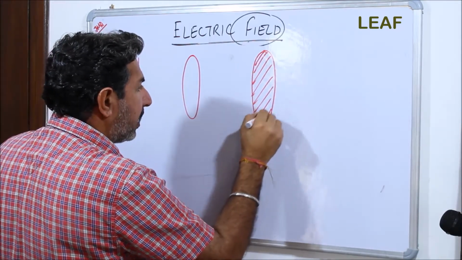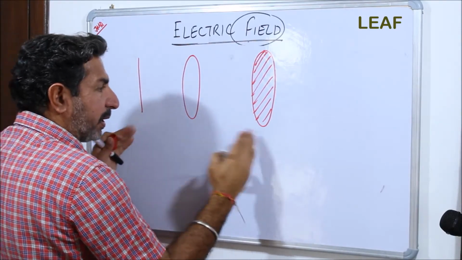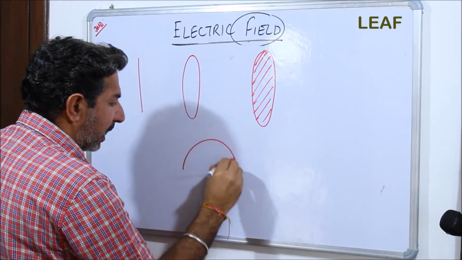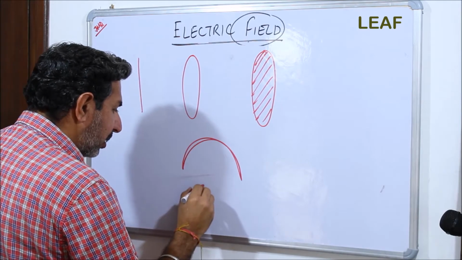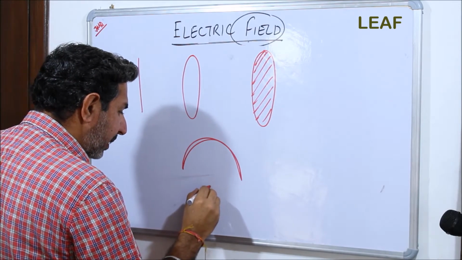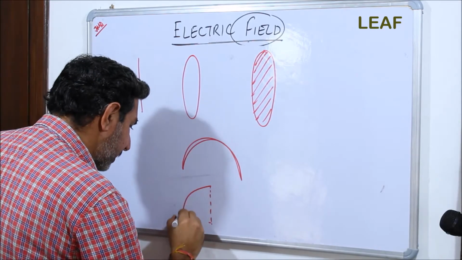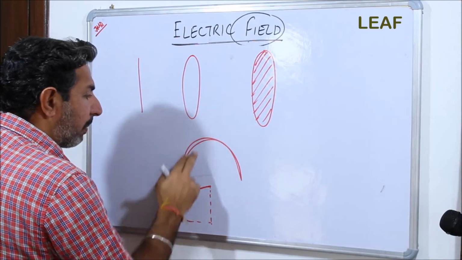A ring, a disc, and an infinite long wire as per the boards. But for the competitions, this can be a semicircular wire also. This can be an arc also, meaning I can draw just this much segment, and these two are very common for the competitions.